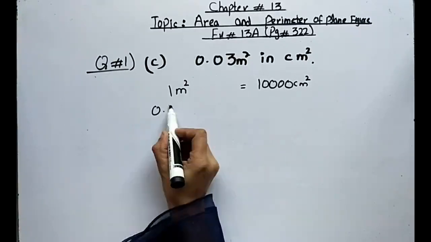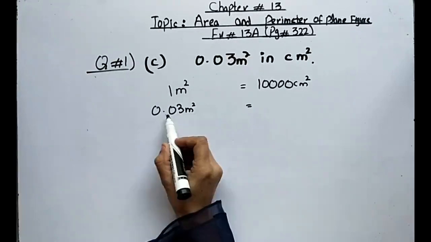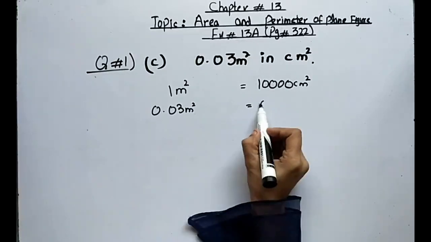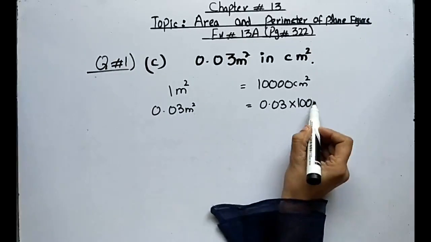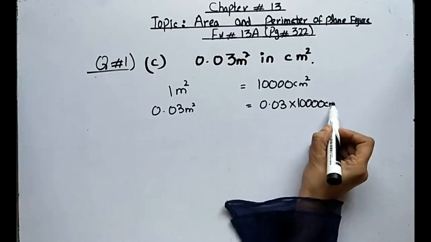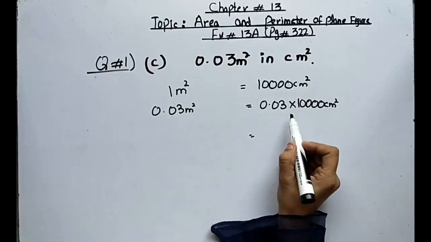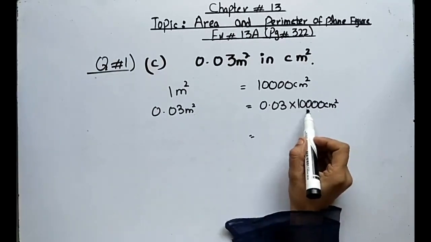Now 0.03 meter square becomes how many centimeter square? So 0.03 will multiply both sides. 0.03 multiply 10,000 centimeter square.